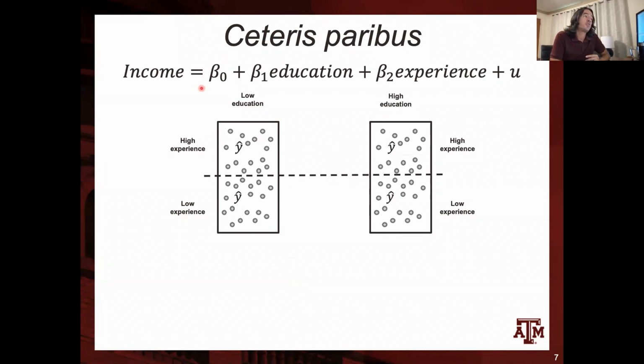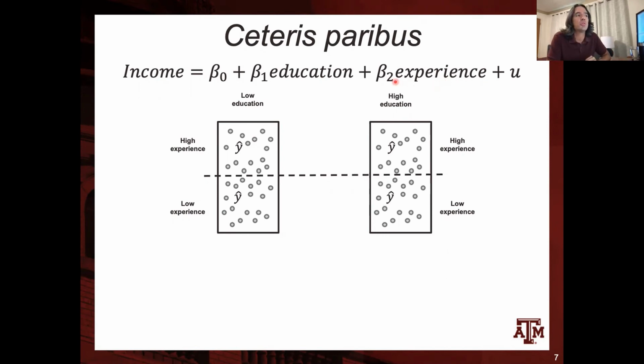For example, in this example here, my y, my dependent variable, is income. My x1, my first independent variable, is education. And my x2, my second independent variable, is experience in the labor market. How many years of experience I have working in the labor market.